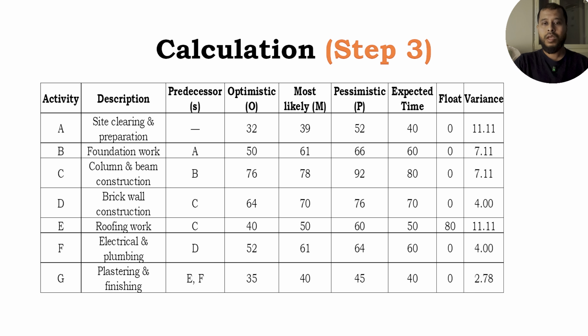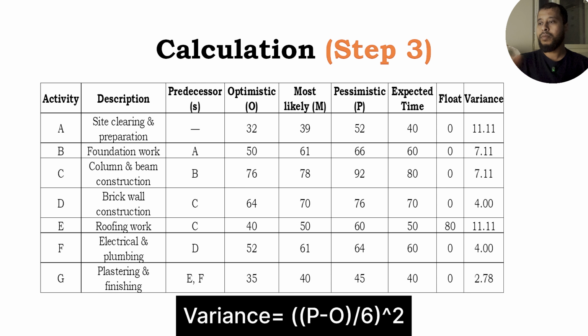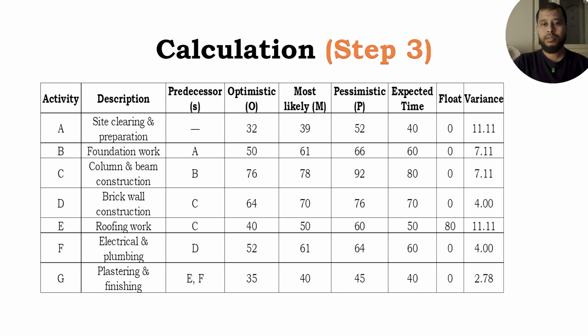Step 3. Calculate the variance for each activity. Variance measures uncertainty. The formula is pessimistic minus optimistic divided by 6, whole squared. As an example, for activity A, it is 52 minus 32 divided by 6, whole squared, which is 11.11.